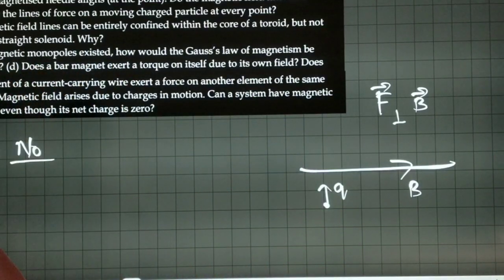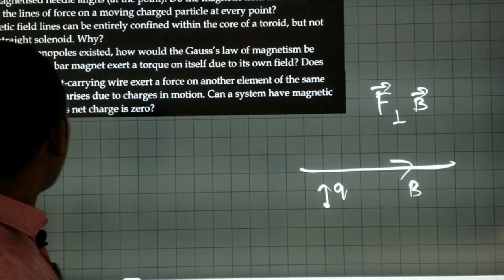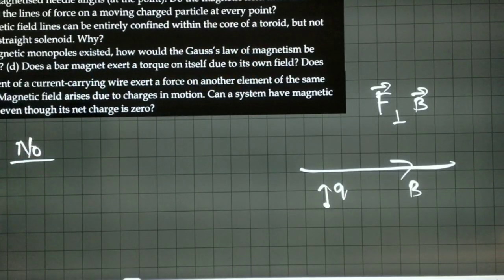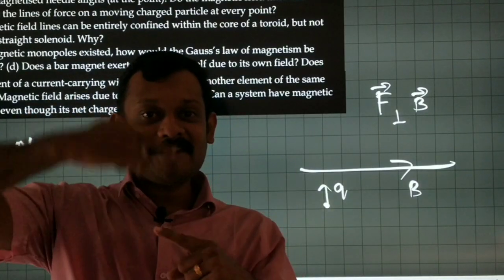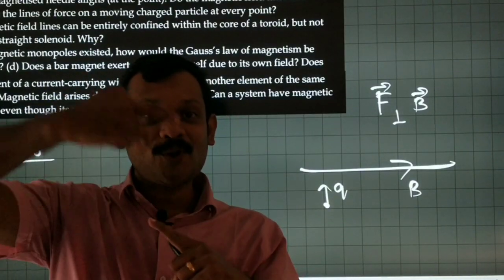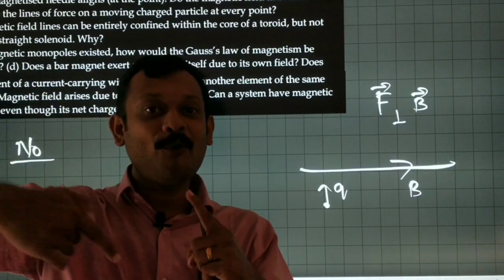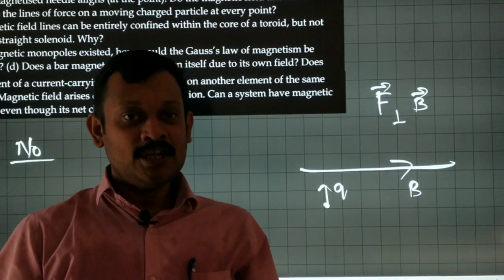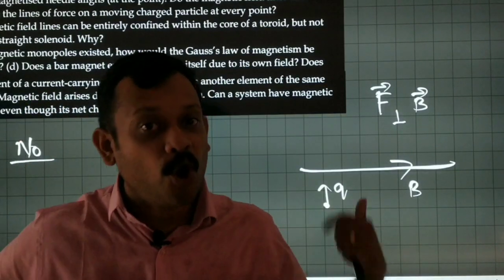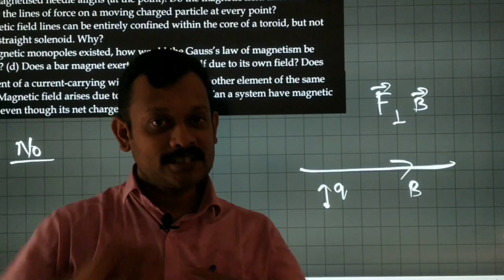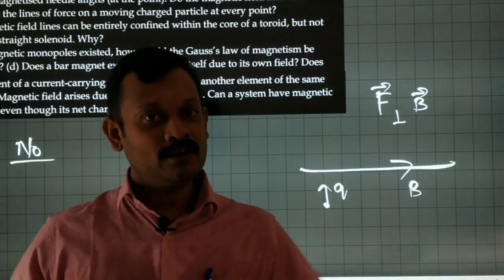Magnetic field lines can be entirely confined within the core of a toroid, but not within a solenoid. Why? I told you, magnetic field lines always form closed loops. So they can be enclosed only by a body which has no endpoints.